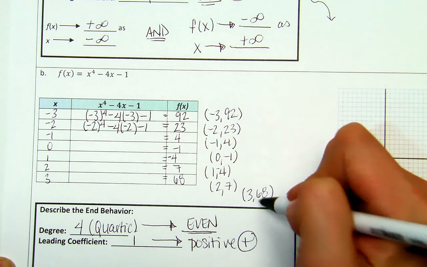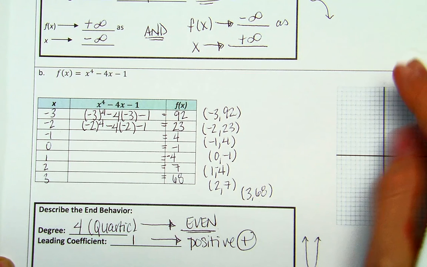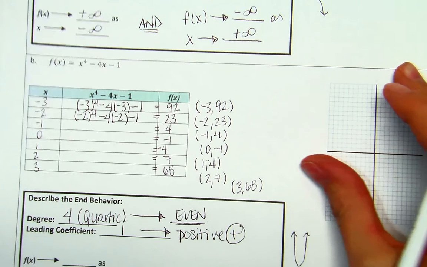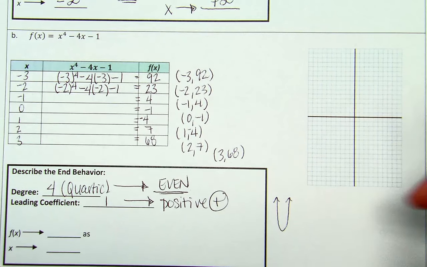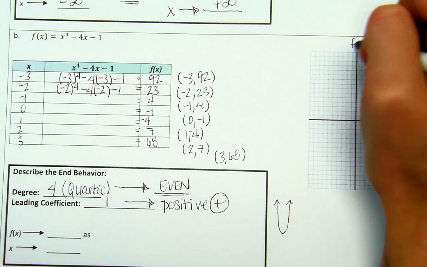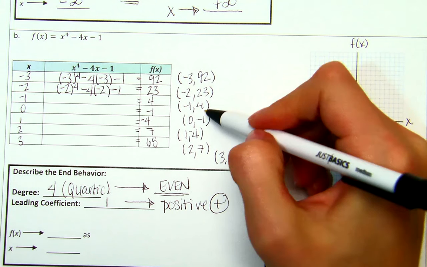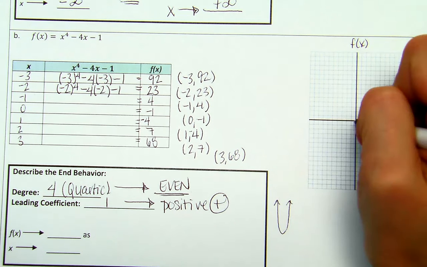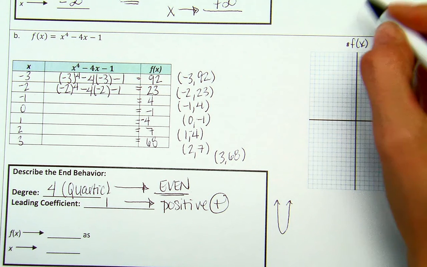Obviously these endpoints, these further out points, I'm not going to be able to graph on my coordinate plane on the paper, but I can estimate it as I sketch my graph. So f of x is my y-axis, and there's my x-axis. The point (-2, 23) is going to be really high up, so I'm just going to estimate up there.